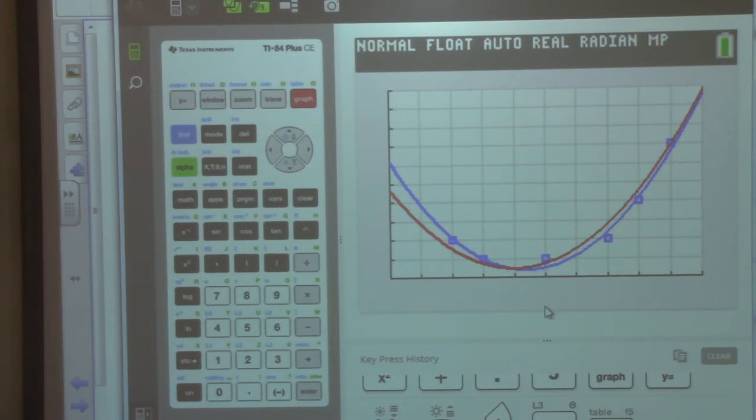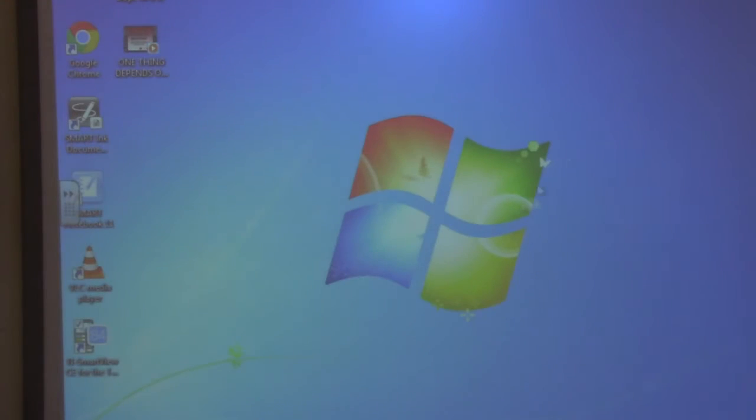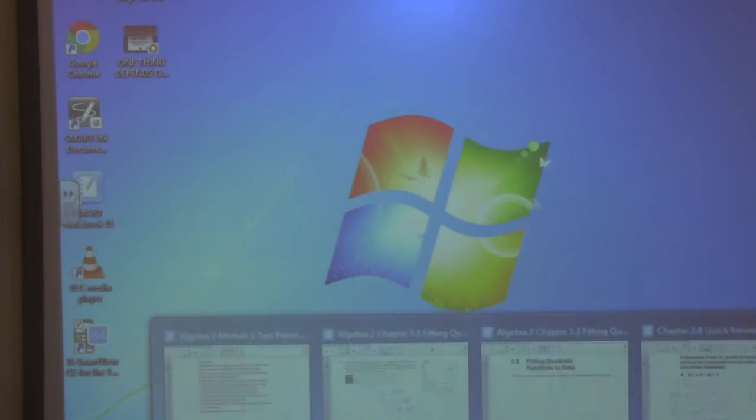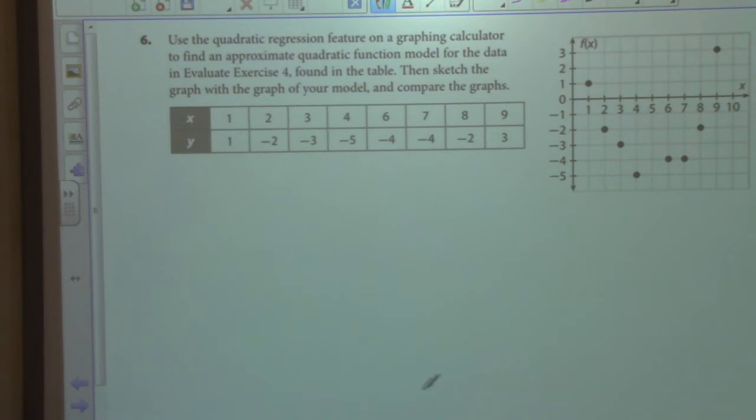So what I want you to do is look at number 6 and just work out number 6, and I'm going to choose randomly somebody to help me with number 6. How's that? So just work on number 6.